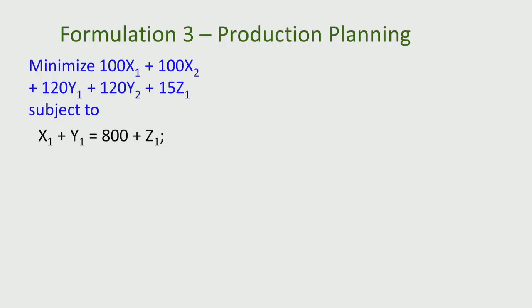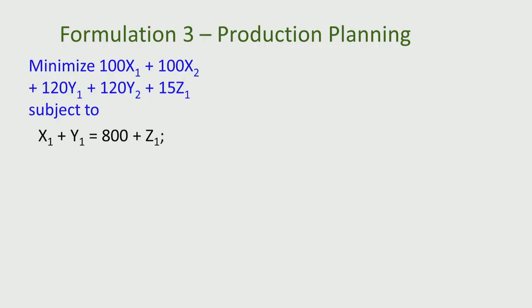So, whatever is produced in the first week should meet the demand of the week and the excess that is carried to the second week. Therefore, x1 plus y1 is equal to 800 plus z1. Now, this is rewritten as x1 plus y1 minus z1 equals 800.